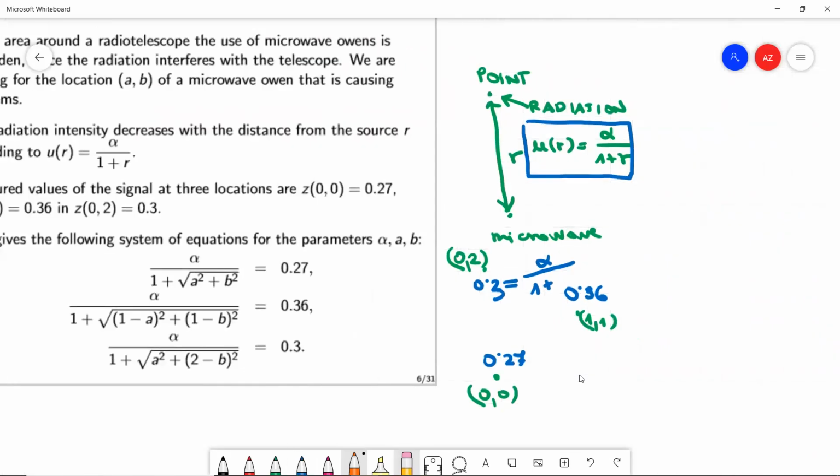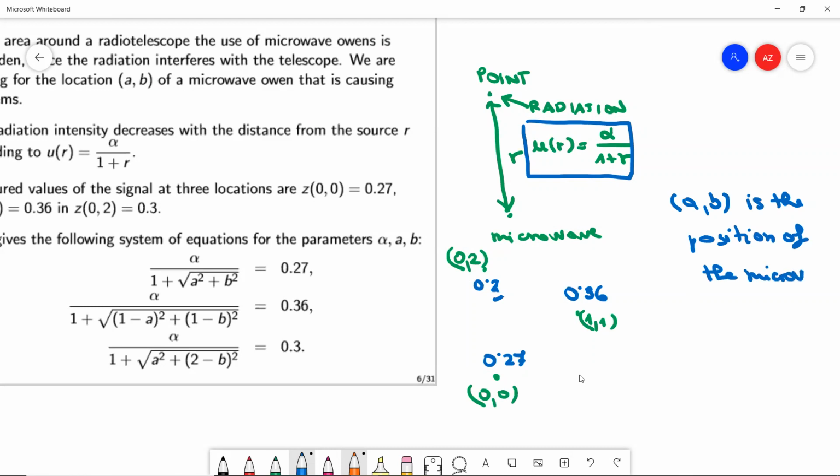Let me write more clearly. So (a, b) is the position of the microwave. And then we know that radiation at the distance R is alpha over 1 plus R. And then we have what's the distance between (0, 2) and (a, b).